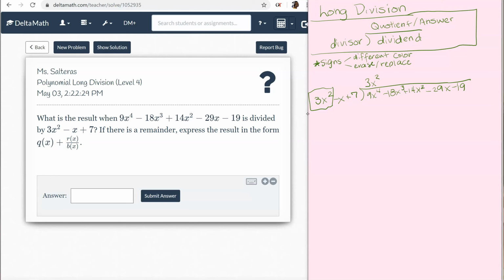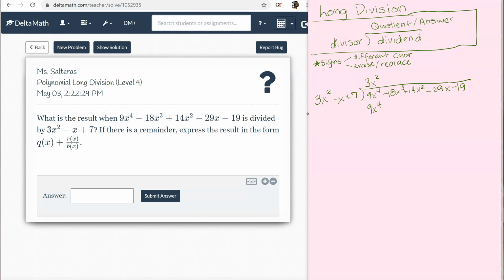You want them to be the same sign, because remember, when you do long division, you're subtracting that term, so that's where your signs are going to flip. So you want them to be the same sign as whatever your dividend is showing. I'm going to go ahead and erase this part right here because we don't need that box. So you're going to get 9x to the 4th.